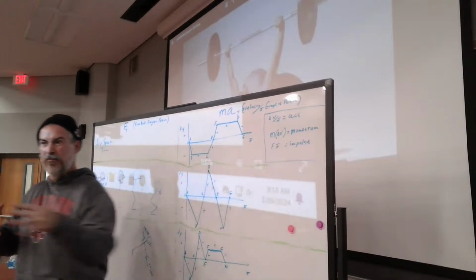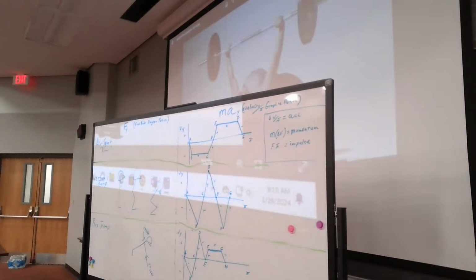Remember, guys, momentum and impulse are just rearranging F is equal to ma. Now, here's what's cool. Gravity is going to have more time to speed me up, meaning when it comes time to slow myself down, I'm moving at a much higher speed.